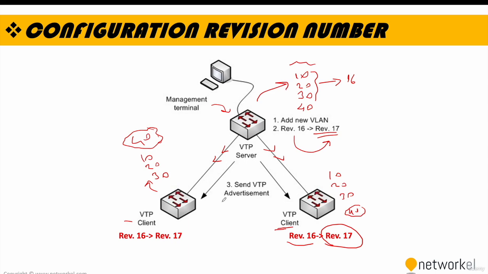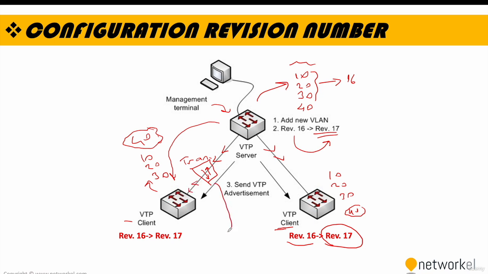And I just want to give you one more example in here, since we talked about the transparent switch as well. Let's say I have another switch in here, okay, where it is configured as a transparent switch. When this VTP server sends the VLAN information to the client switches, where the VLAN 10, 20, 30 and 40 is included inside, this transparent switch will forward all those information to the client switches, okay?